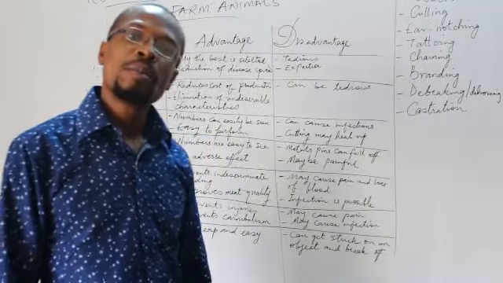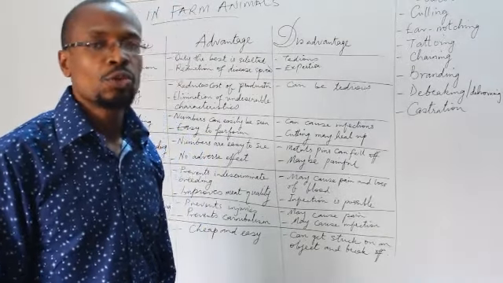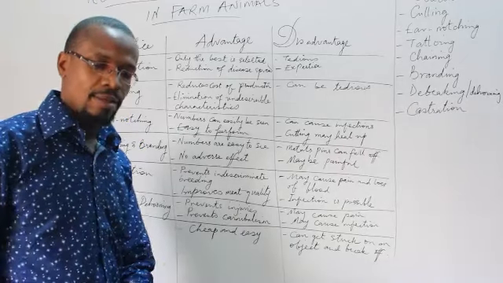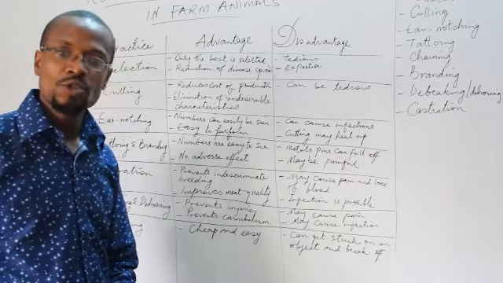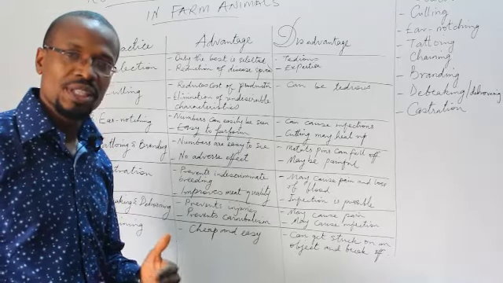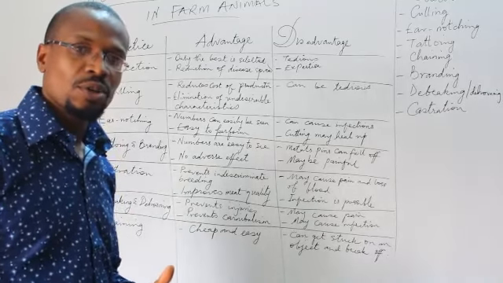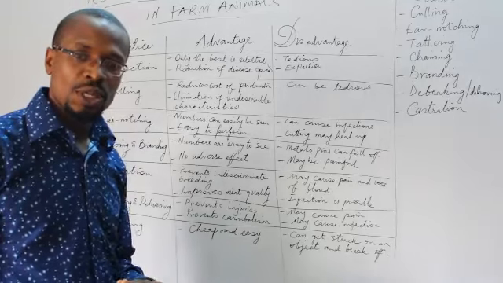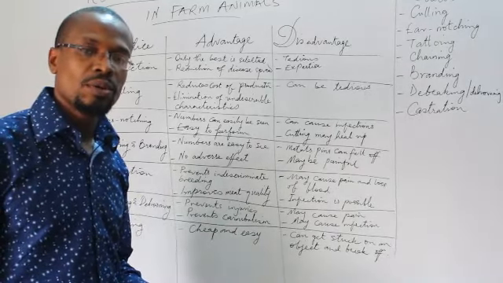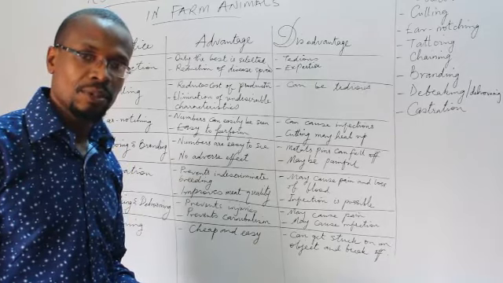Now, there are a number of reasons that could give rise to culling of farm animals. That is, this method where you separate the farm animals that you do not consider fit to keep surviving or to keep living with the other farm animals.